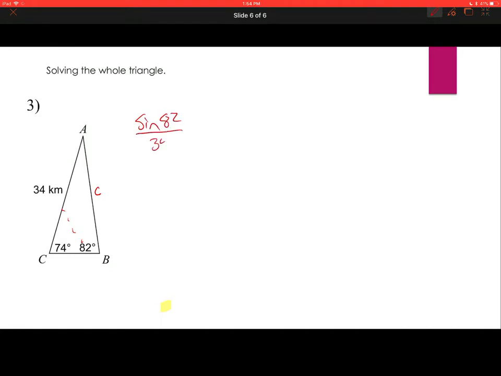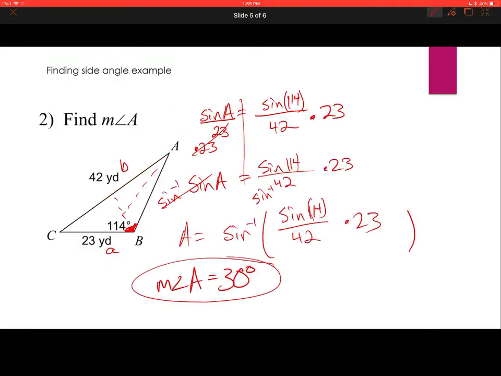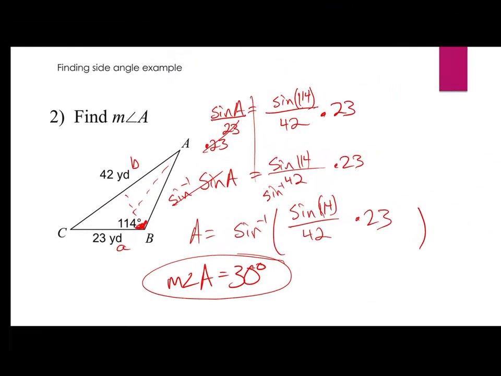So you would start by finding side C, and you know B. So you'd set this up as sine of 82 over 34 is equal to sine 74 over C, and that would give you side C. And so once you found that value, you could turn right around and calculate the other values using the law of sines. Also you can find the measure of angle A by doing 180 minus 74 minus 82.